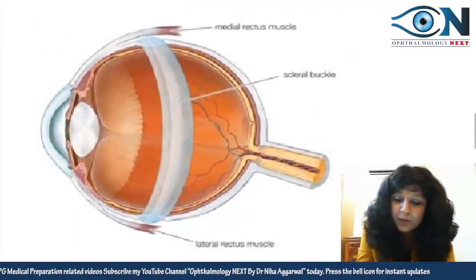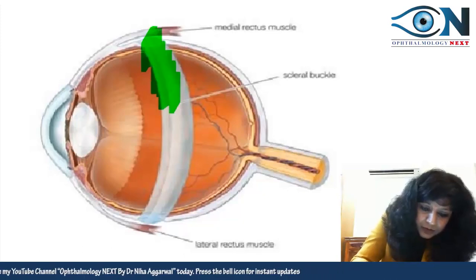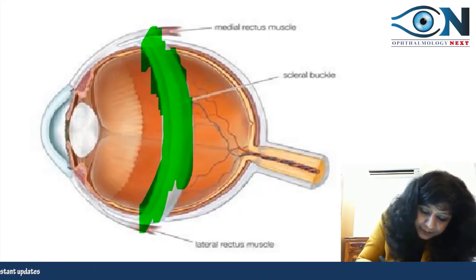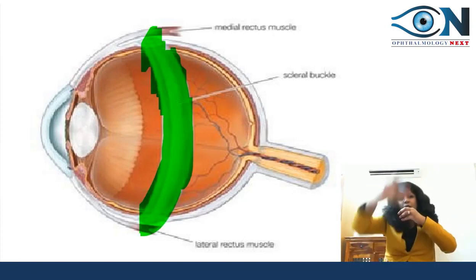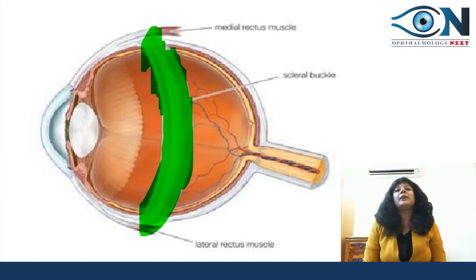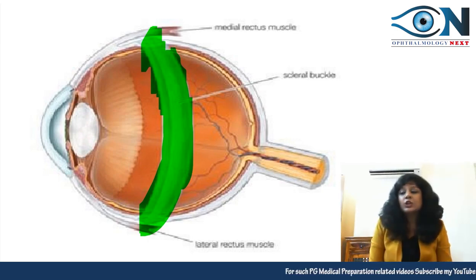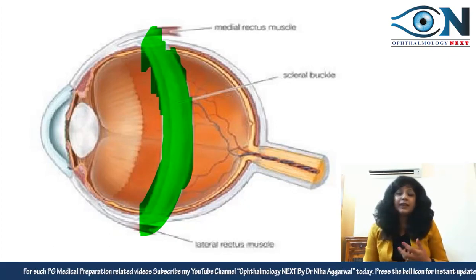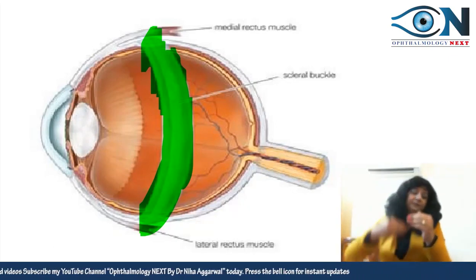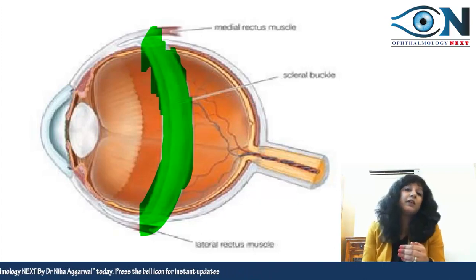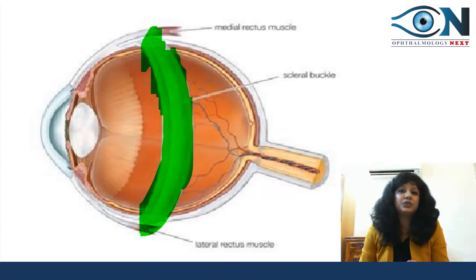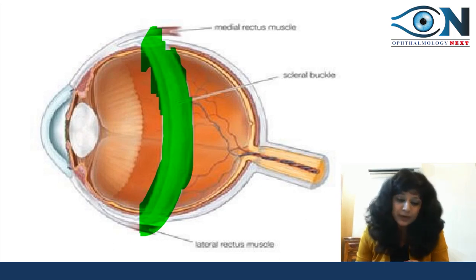Suppose this is the eyeball here, and I am coloring it so that you are able to see it. This is the scleral buckle that we are using all around the eyeball. It is actually made up of silicone. It is also called scleral buckling. So scleral buckling is done, and we are encircling the sclera all around. That's why it is also called the encirclage operation.